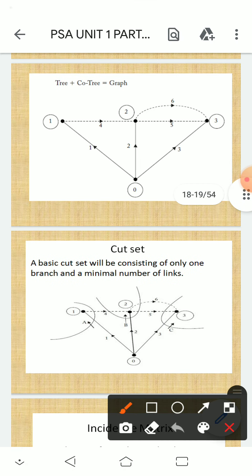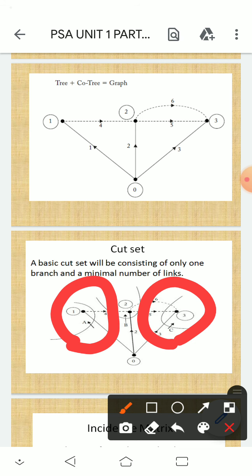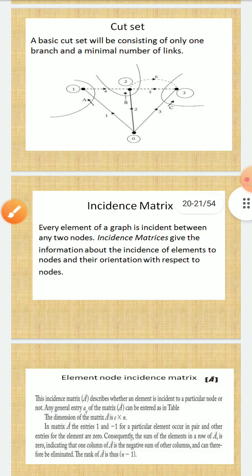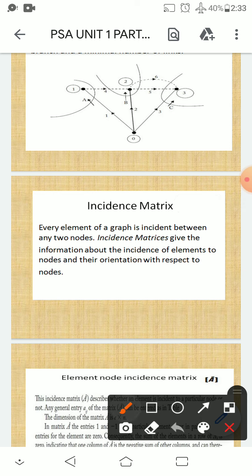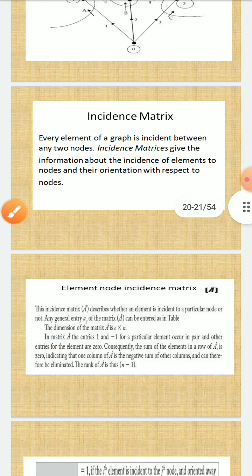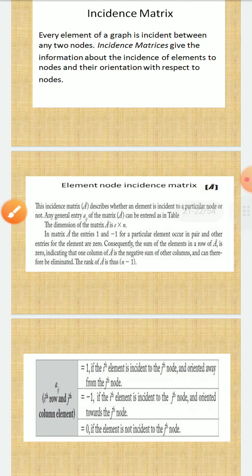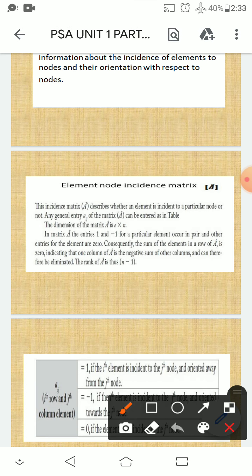Next is the cut set. This is an example of a cut set. Next, the incidence matrix. Any element of a graph is incident between two nodes, and this is described by the incidence matrix. Next, the element-node incidence matrix. It is represented by A, which describes an element incident on a particular node.